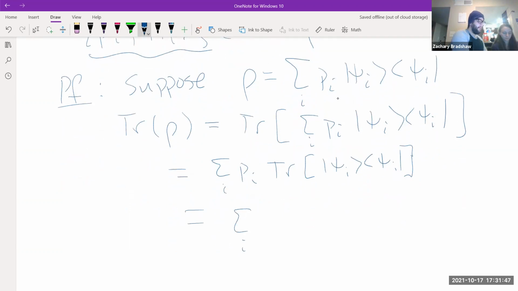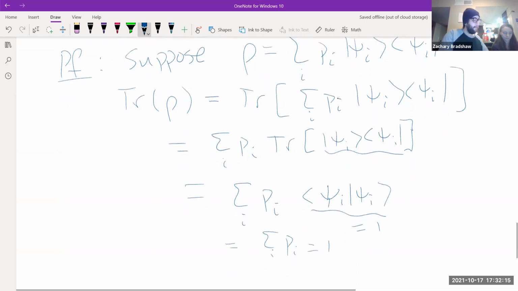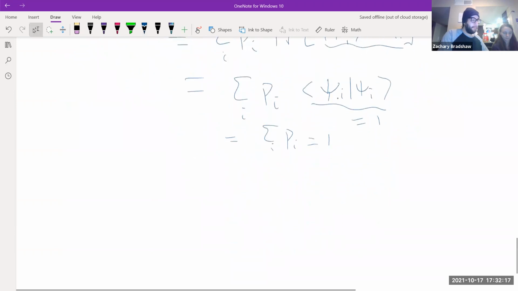And so this is the sum over i of p_i, and the trace of this is just the inner product of psi i with itself. But this is equal to 1, we assume that they're normalized. But the probabilities have to sum up to 1. So this is indeed equal to 1. Okay. So it satisfies the trace equals 1 criterion.